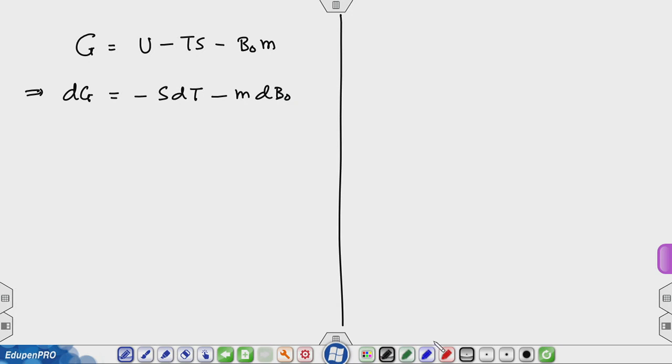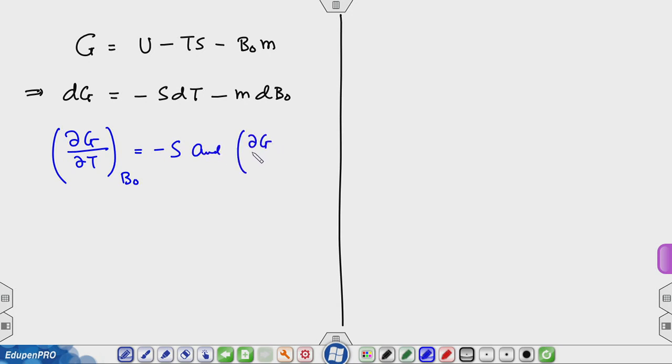I have not done the steps in the middle, and therefore, partial g over partial T at constant B 0 is equal to minus s and partial g with respect to B 0 at constant T is equal to minus m.